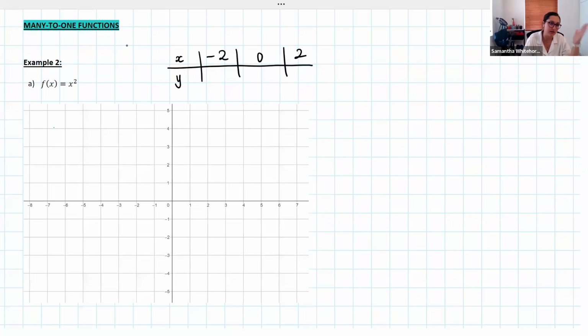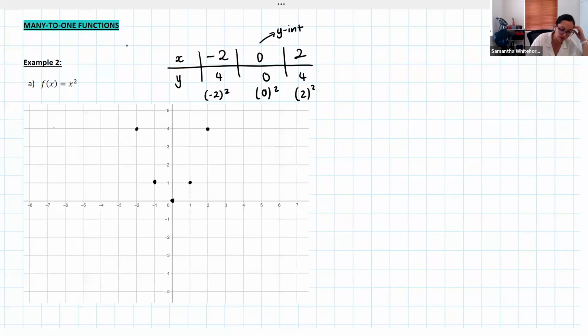My advice is a negative, 0, because where x is equal to 0 is your y-intercept, and a positive, so that you get the general shape on either side. If I substitute in, this would be -2 squared, which is 4. This would be 0 squared, which is 0. And this would be 2 squared, which is 4. So I've got coordinates I can plot: 0, 0; 2, 4; and -2, 4. I'm just going to plot the ones because otherwise I'm going to struggle to draw this graph. But that's how I know what I'm sketching.